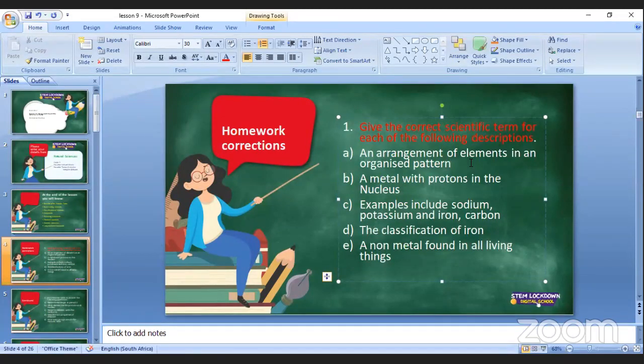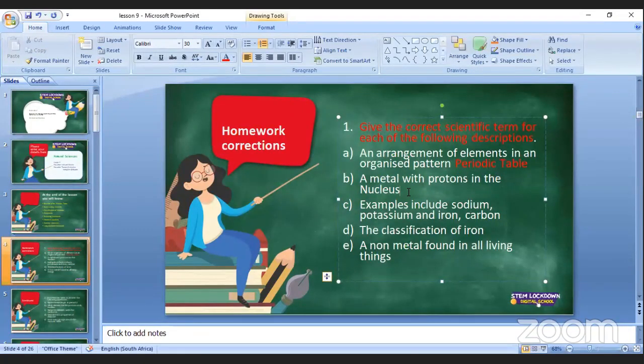It is the periodic table. Did you all get that? Or you didn't do the homework? Or you forgot your books at home? What happened? So the correct term there for an arrangement of elements in an organized pattern, we call it the periodic table.